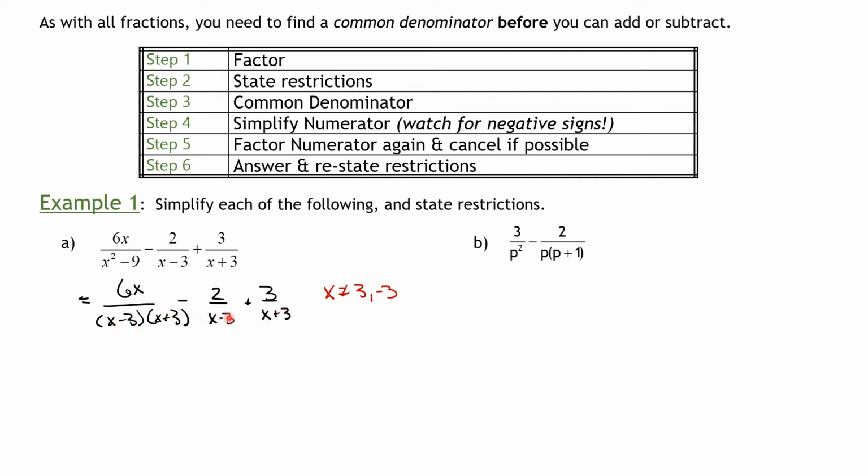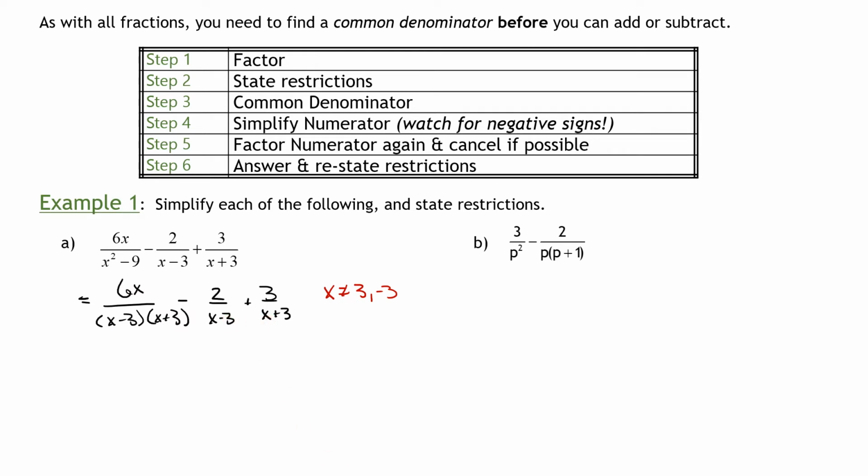Here's the x minus 3, here's an x plus 3, and here they both are together. So imagine this denominator was a 4, and this one was a 5. Well, then this is your 4 times 5, this is your 20 right here. So my common denominator is going to be this part. That's already common, so this piece is already done, but these pieces are going to require another factor in them.